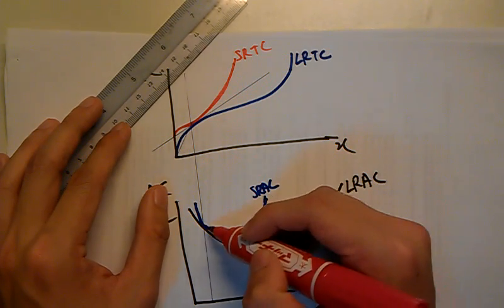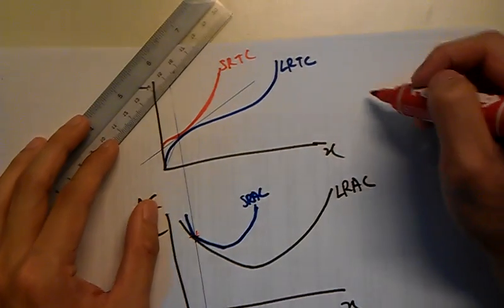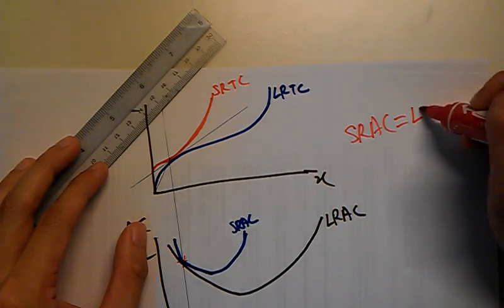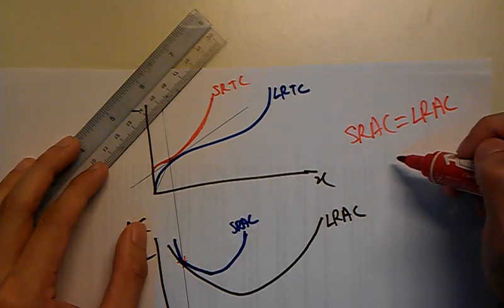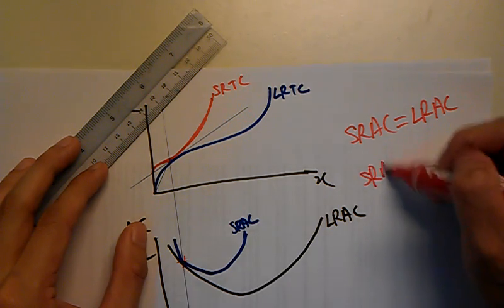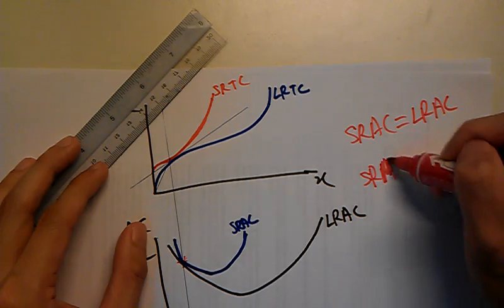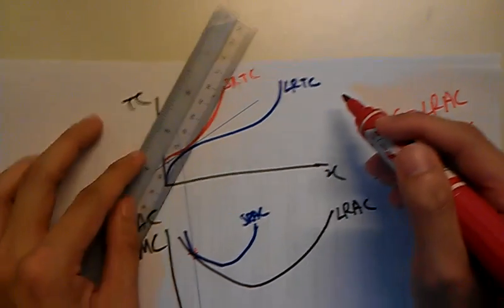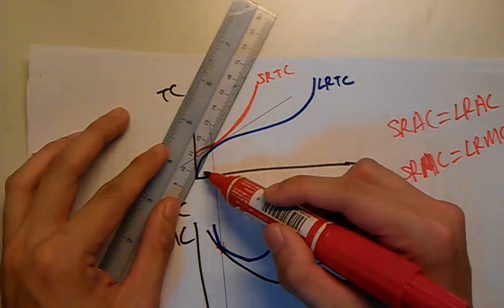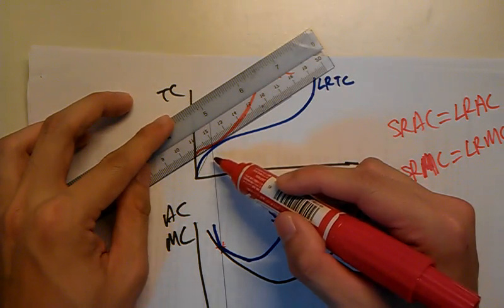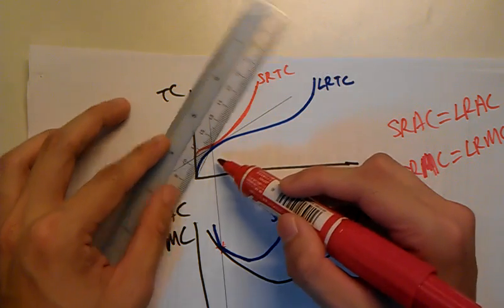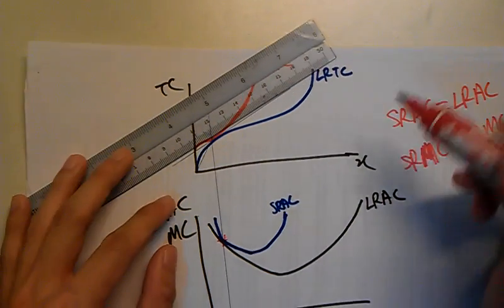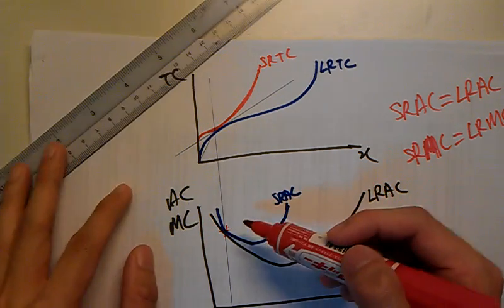But we need to know whether this point, where short run average cost equals long run average cost, is higher or lower than short run marginal cost and long run marginal cost. Just look at the ray. The gradient of the ray is steeper than the gradient of the tangent line, so that means this point will have to be higher.